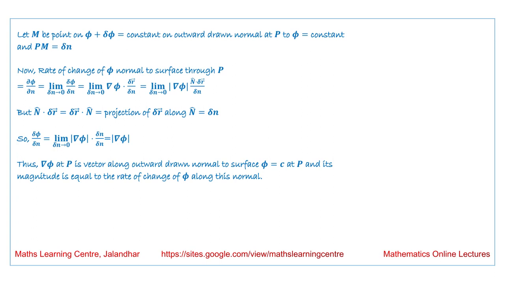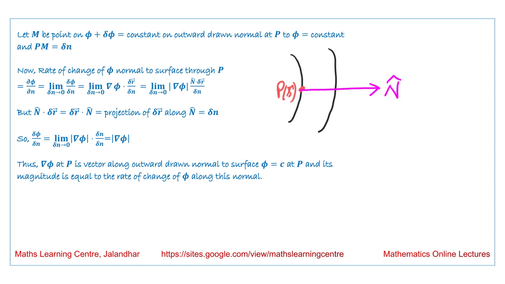Again we are considering, suppose these are the two level surfaces we are talking about. Now the point P is there on this surface. It is r vector. We have drawn the normal at this point.